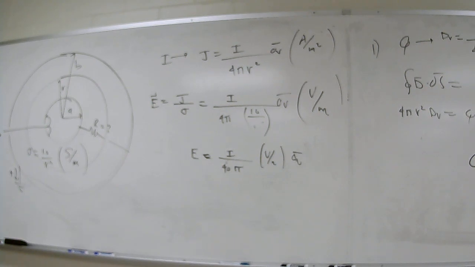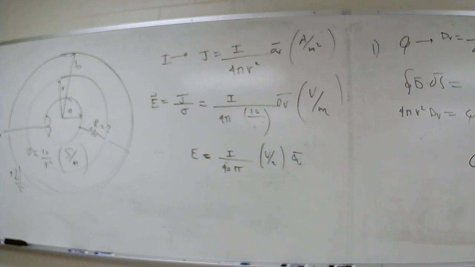So V_AB is just going to be equal to that E field times the distance difference. So it's I over 40 pi times B minus A, and that is the voltage, V_AB.